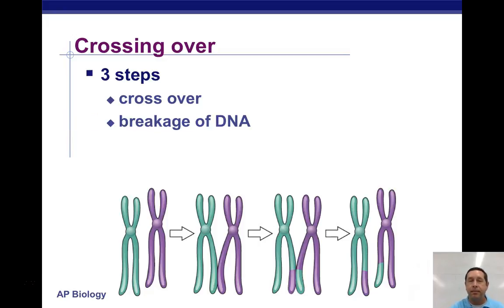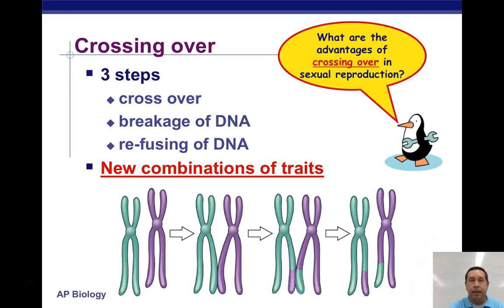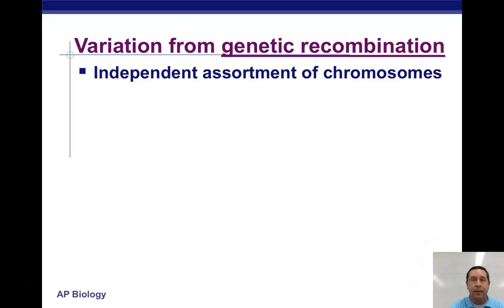There are three steps, basically. You have to cross over. The DNA has to break at the same point on both chromosomes. And then you have to swap places and fuse those pieces of DNA onto the different chromosome. Again, it creates new combinations of traits that didn't exist in either mom or dad's cells.